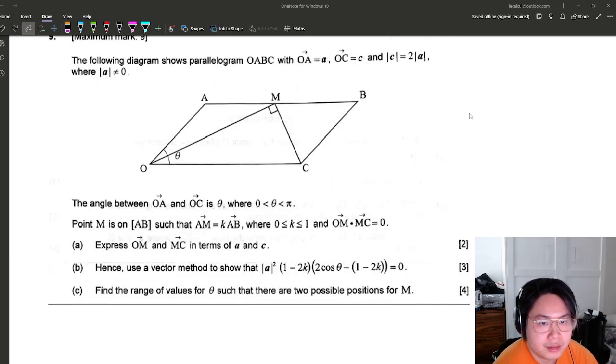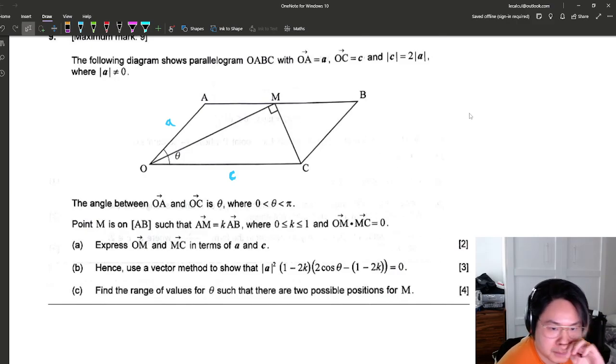Okay, parallelogram. OA is a, OC is c. OC is twice the length of a. The angle between these two is theta, as shown.